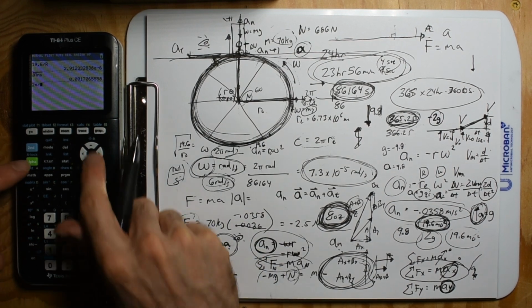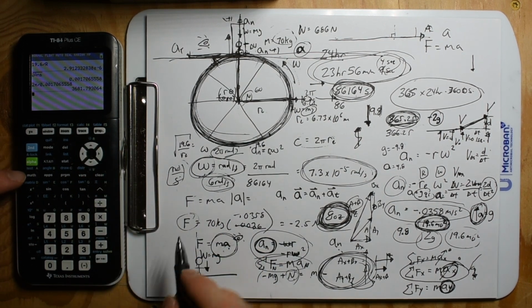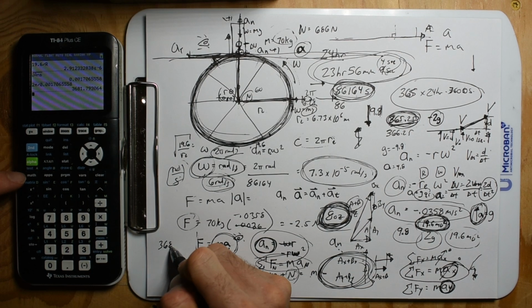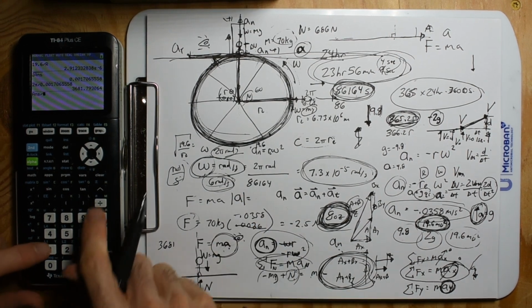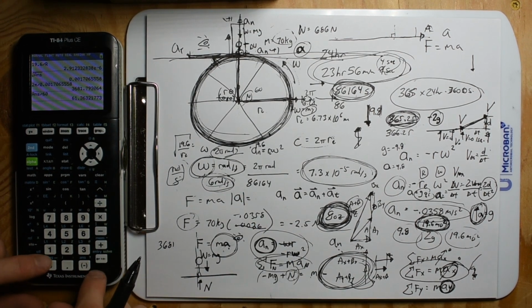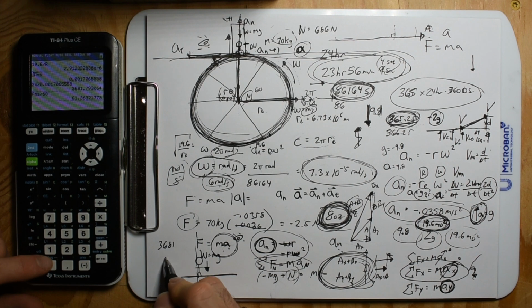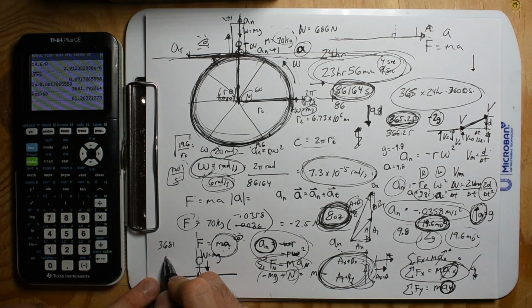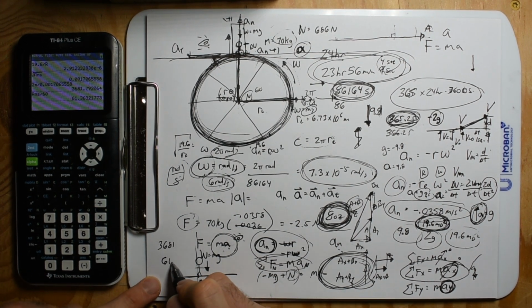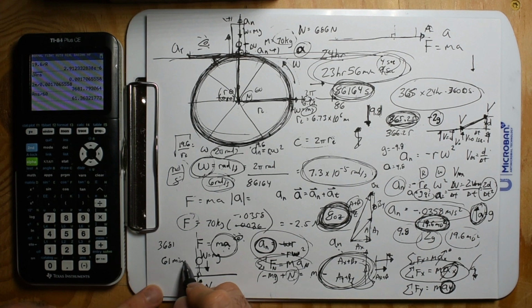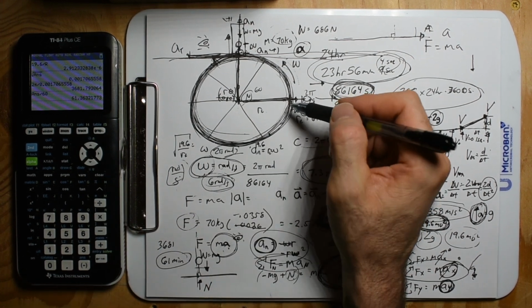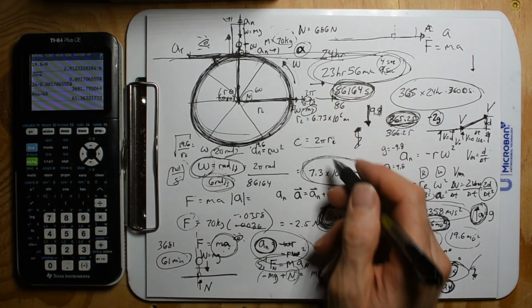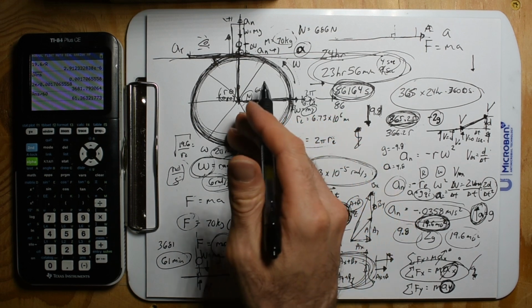So 2 pi divided by that, and we get 3,681 seconds, divided by 60, and we get 61 minutes.